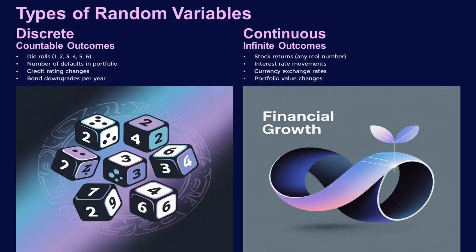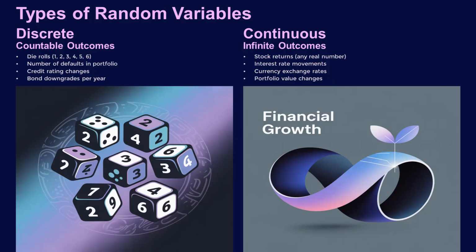Discrete versus continuous random variables. Random variables come in two types: discrete and continuous. A discrete random variable has a countable set of outcomes. Examples: rolling a die, outcomes 1 through 6. A Bernoulli trial, only 0 or 1. Number of defaults in a credit portfolio, 0, 1, 2, and so on.